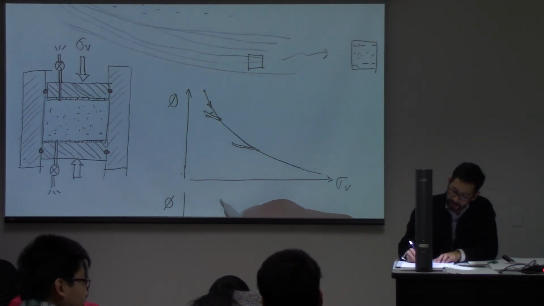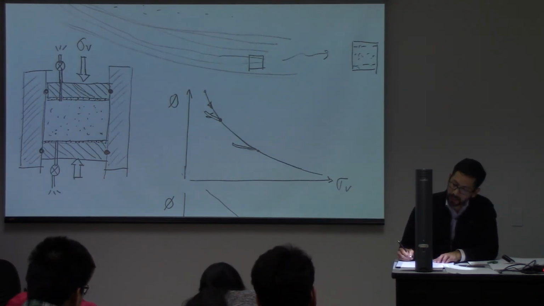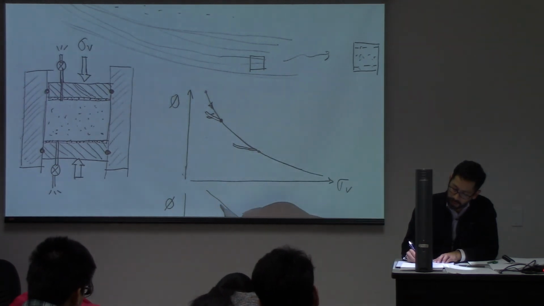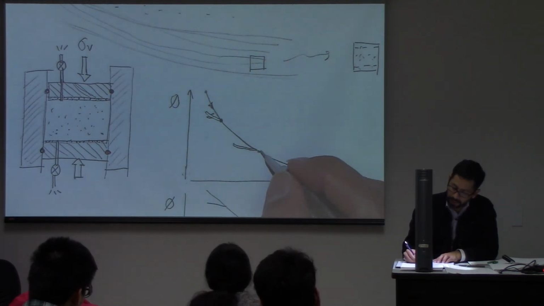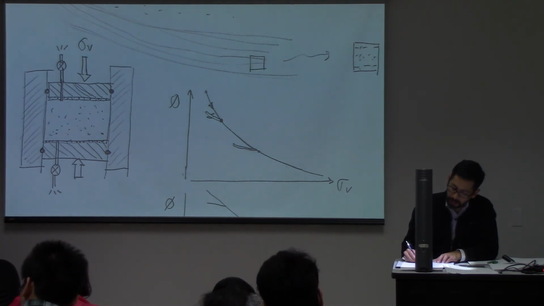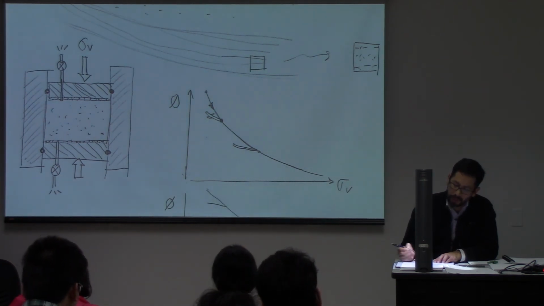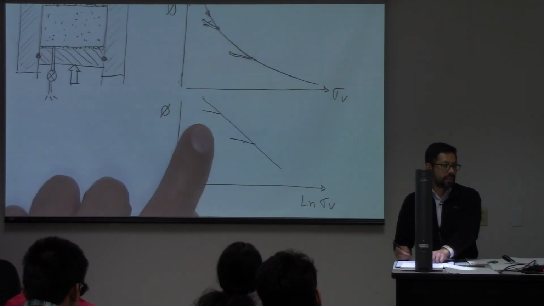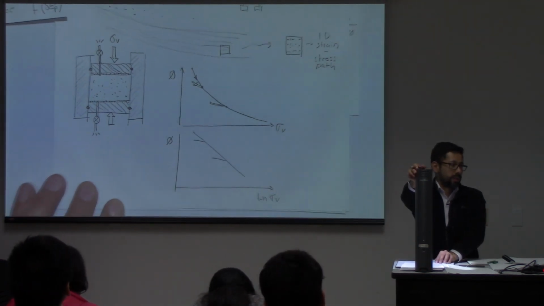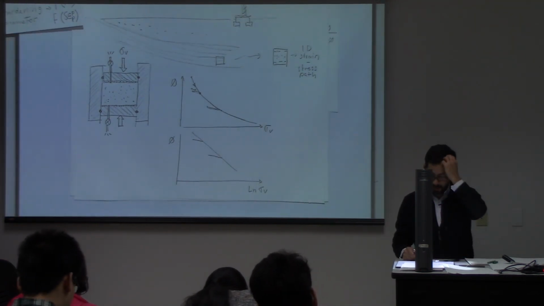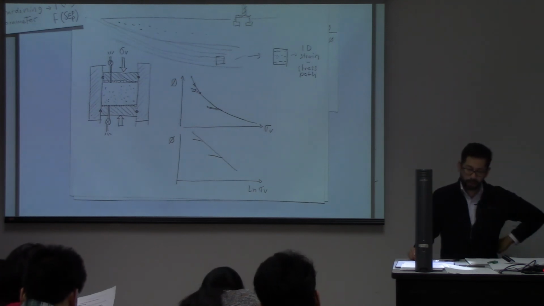And now this is just going to look like a straight line. If you have unloading, it's going to be a straight line too. And if you have another unloading over here, it's going to be a straight line too. But it's much easier to see than with this nonlinear plot.